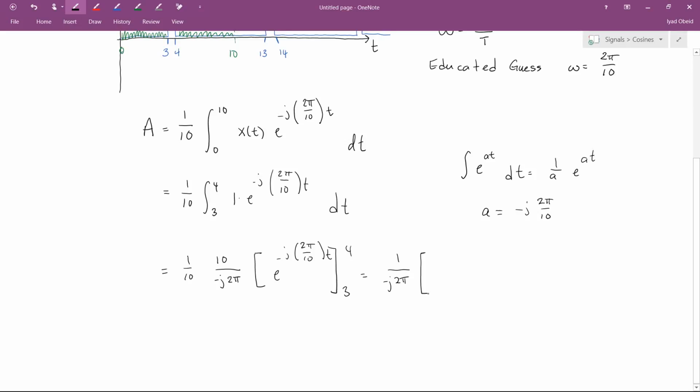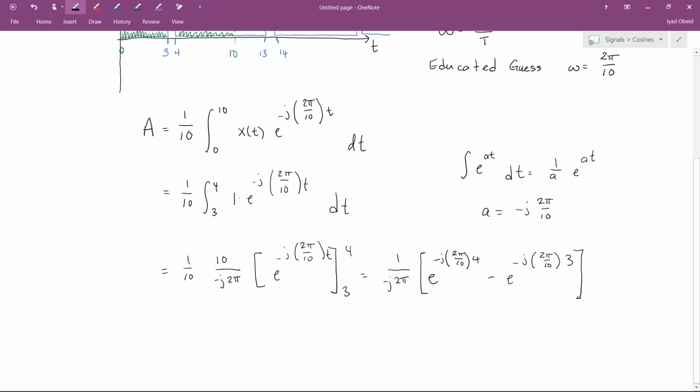And then we're going to have a somewhat unpleasant term inside the brackets. It's going to be e to the minus j 2 pi over 10 times 4, minus e to the minus j 2 pi over 10 times 3.